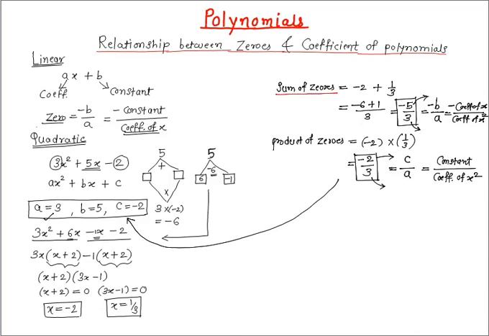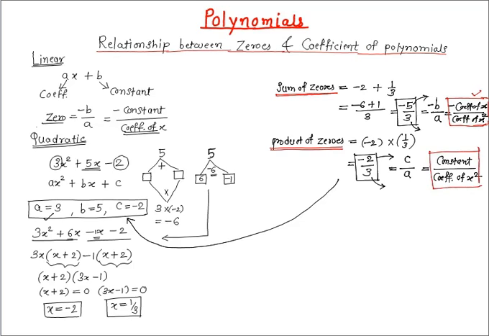It is minus of coefficient of x divided by coefficient of x square. And we can clearly see there is a relation between the sum of zeros and the coefficients. Similarly, if you look at the product of zeros, what we got? It is constant divided by coefficient of x square.